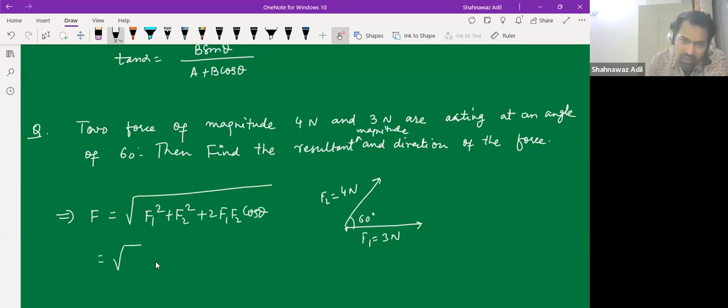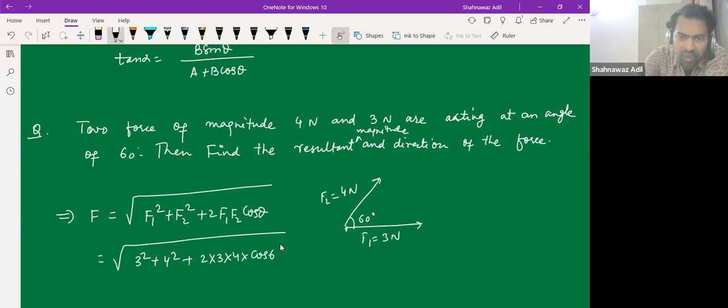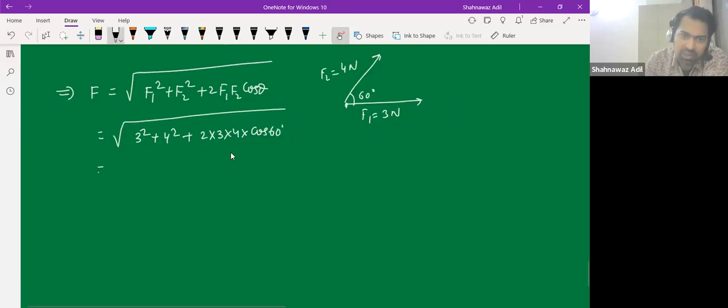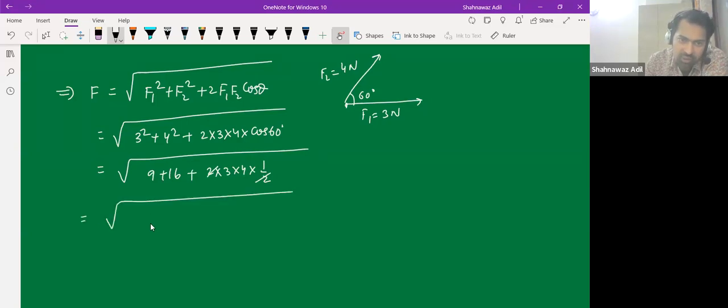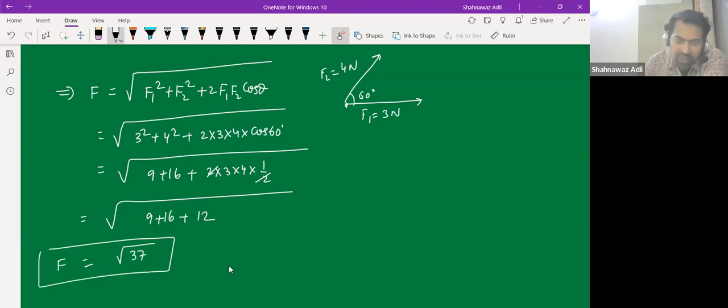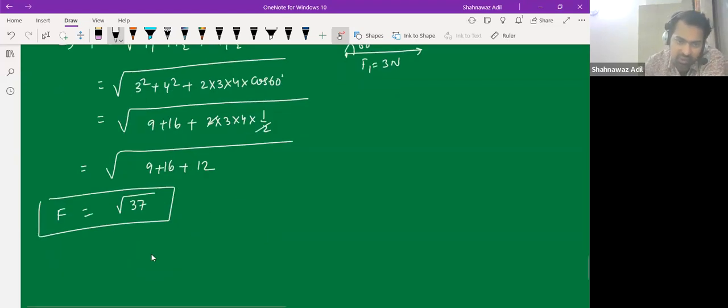So this is 3 squared plus 4 squared plus 2 times 3 times 4 times cos 60. So this is 9 plus 16 plus 2 times 3 times 4 times half, which is 12. So 9 plus 16 plus 12, this is 37.